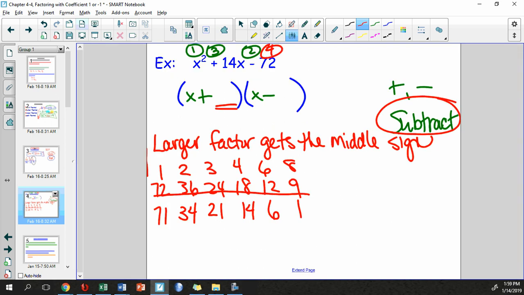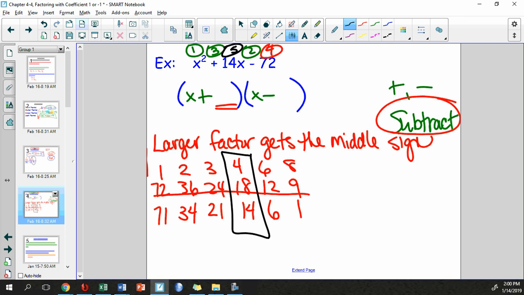What do I want to obtain? What number do I want to obtain? 14. So that means I'm using 4 and 18. What goes where? The larger factor goes with the middle sign.